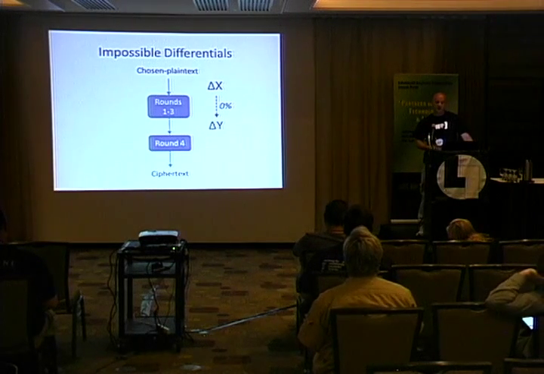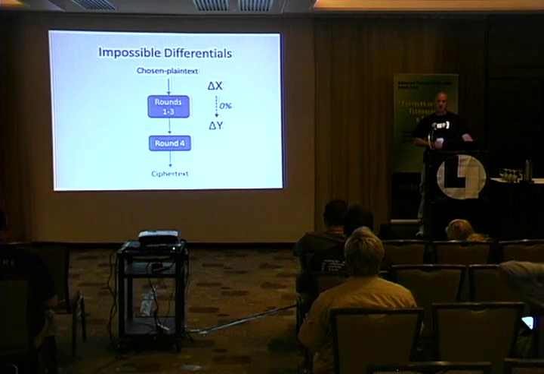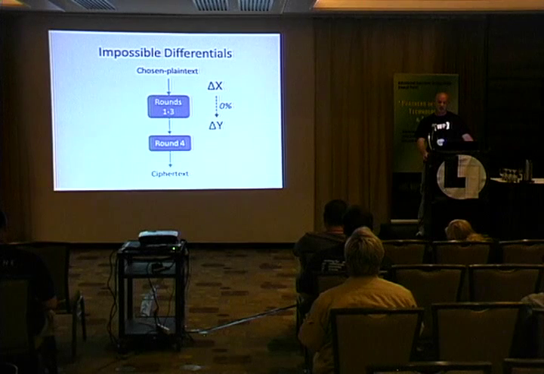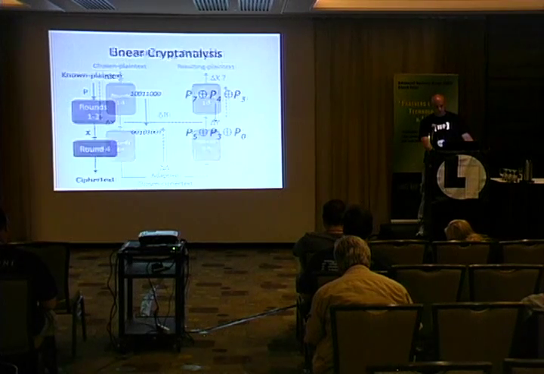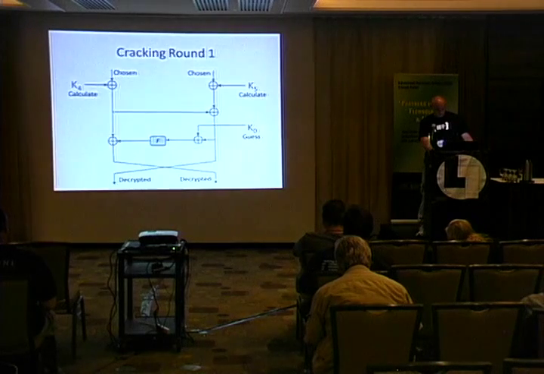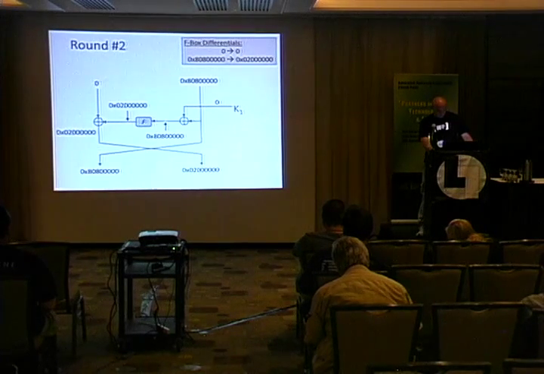Sometimes you can get characteristics where this differential change will never happen. There's a 0% chance. You can use that the same way we did before. You partially decrypt through the last round while guessing the subkey, and if you get that differential that's supposed to never happen, then you know that key is no good, and you can throw it away, and you can narrow it down like that. Back up a little bit.